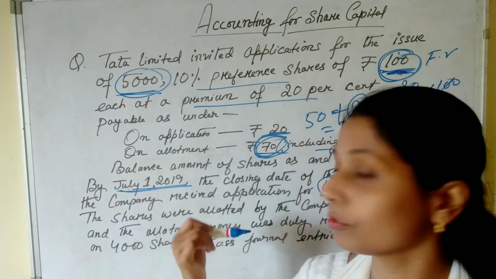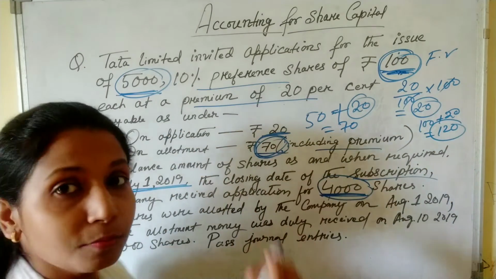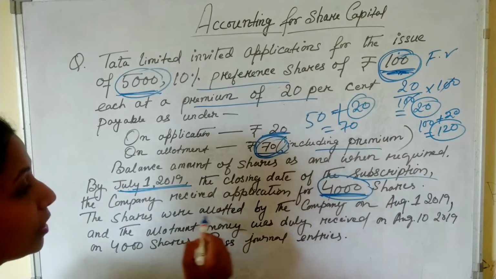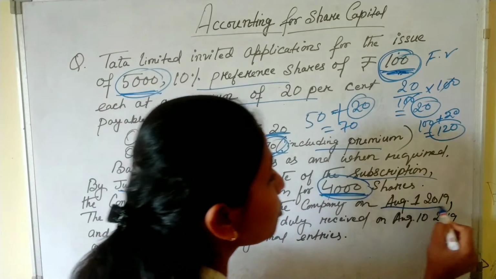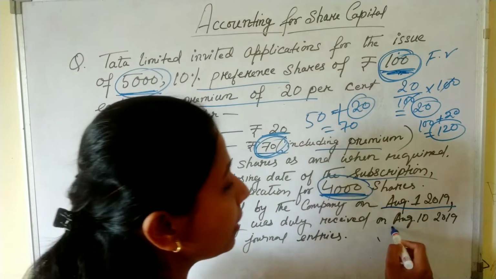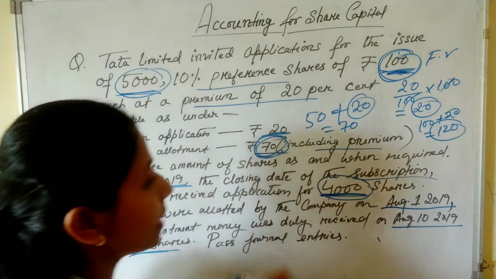See, this is the case of undersubscription. The public has subscribed fewer shares than actually offered by the company. The shares were allotted by the company on August 1, 2019, and the allotment money was duly received on August 10, 2019 on 4,000 shares. Pass journal entries.